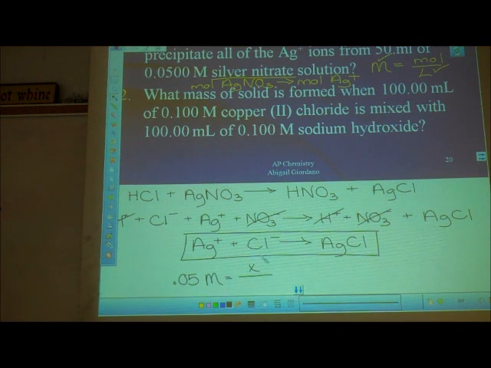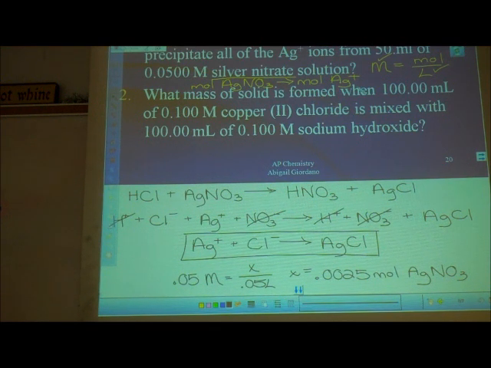How many liters is that? 0.05. Do the math. Okay, great.